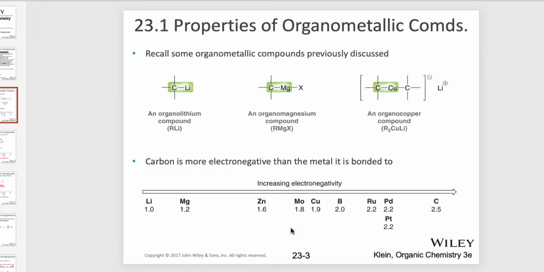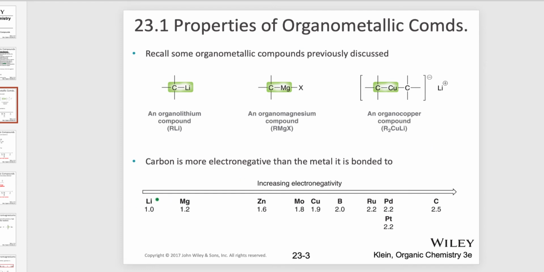The next slide goes over some of the basic properties of organometallic compounds. Recall that as we are comparing the carbon-lithium bond, the carbon-magnesium bond, and the carbon-copper bond, here now shown in the form of a cuprate, which is a salt, we can now actually look at the placement in the periodic table and understand one of the foundational pillars, which is electronegativity and its consequences.